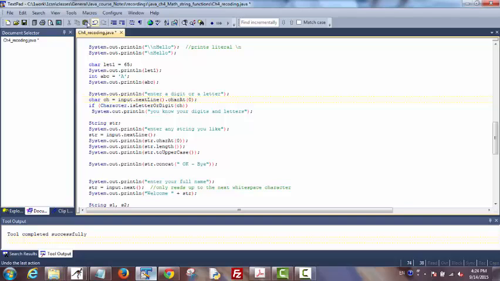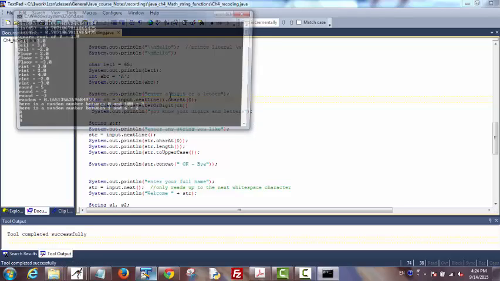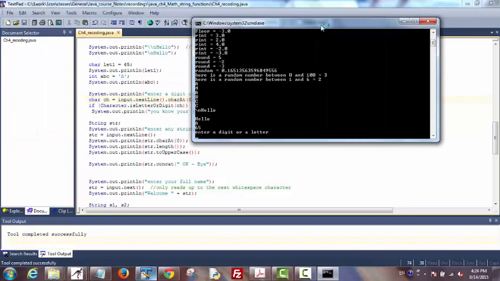So when I compile and run this code, it's going to ask me to enter a digit or a letter. It's obviously asking me for a single letter. Of course, I could type anything I want. All it cares about is that first character.